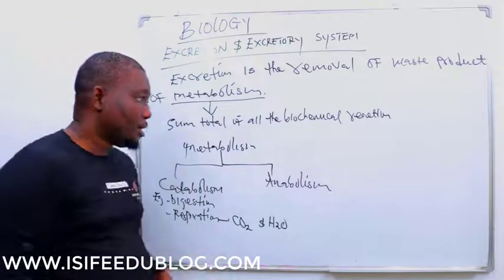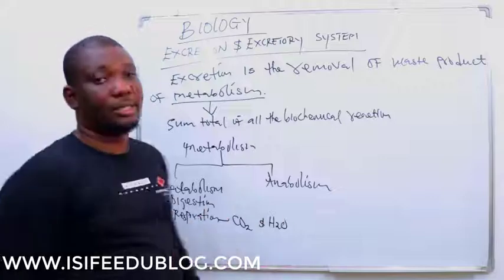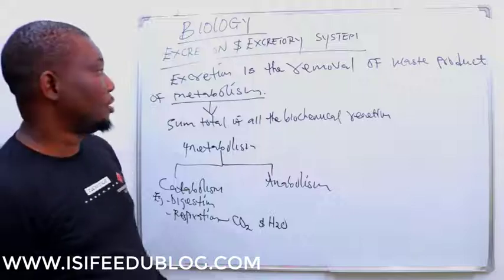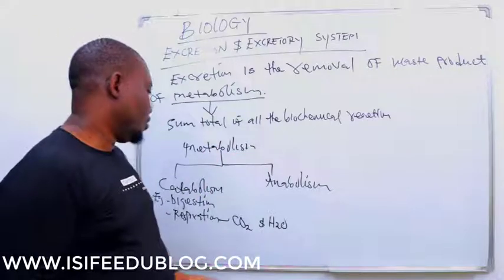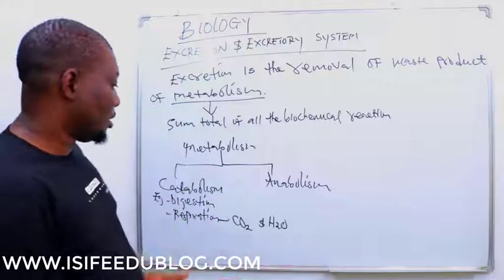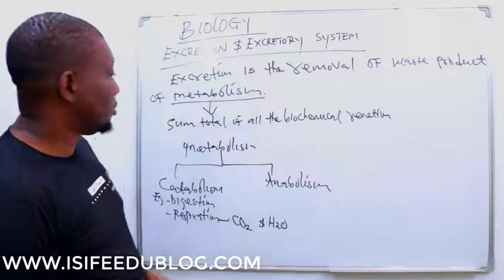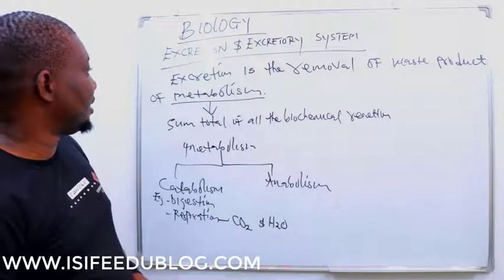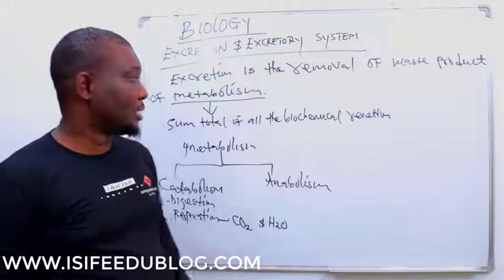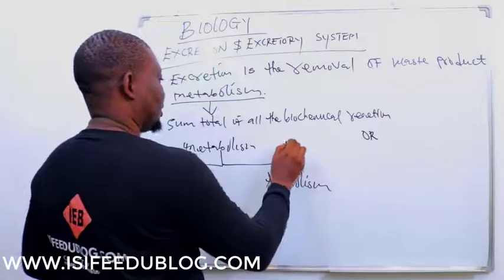So excretion is the removal of waste products of metabolism. Any waste product of metabolism is called a metabolite. So any form of biochemical reaction that releases such substances as waste leads to excretion. On the other hand, we can also define excretion as the removal of nitrogenous waste.